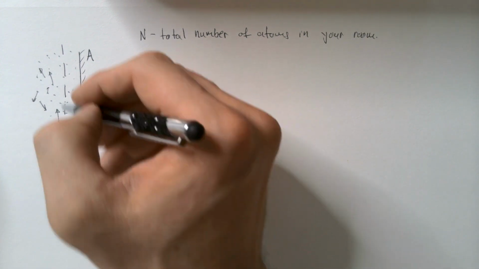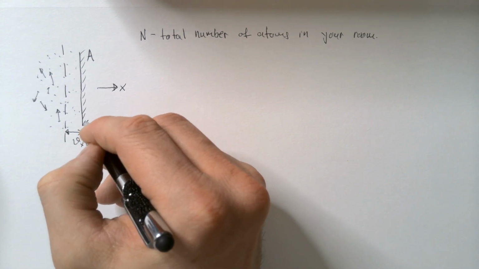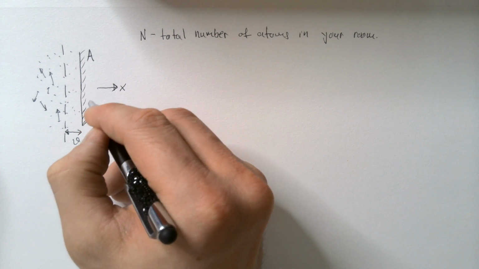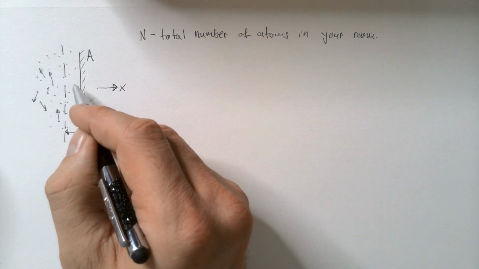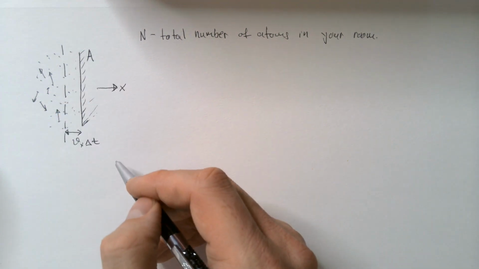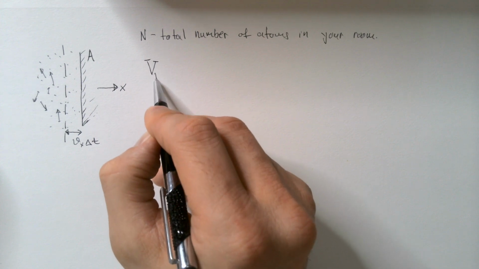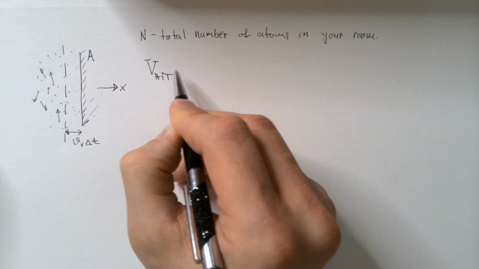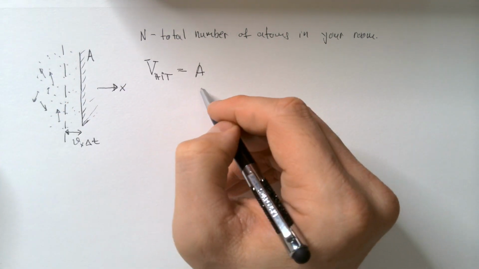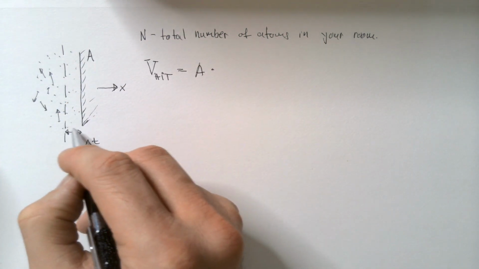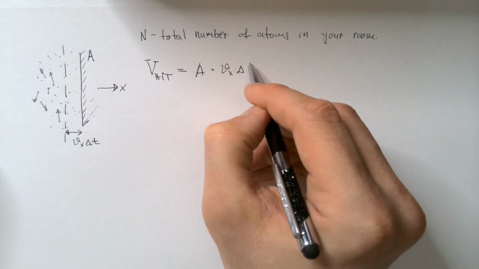But because this is three-dimensional space, and the wall goes into the page, we have to find the volume of the space that contains atoms that will hit your wall. So the volume of the hit, capital V, is equal to the area of the wall times this distance, which is Vx delta t.